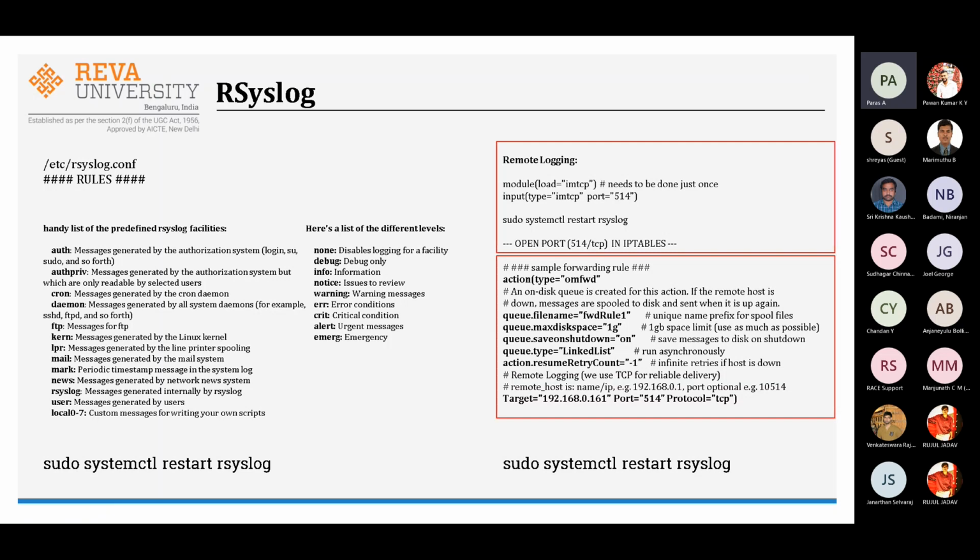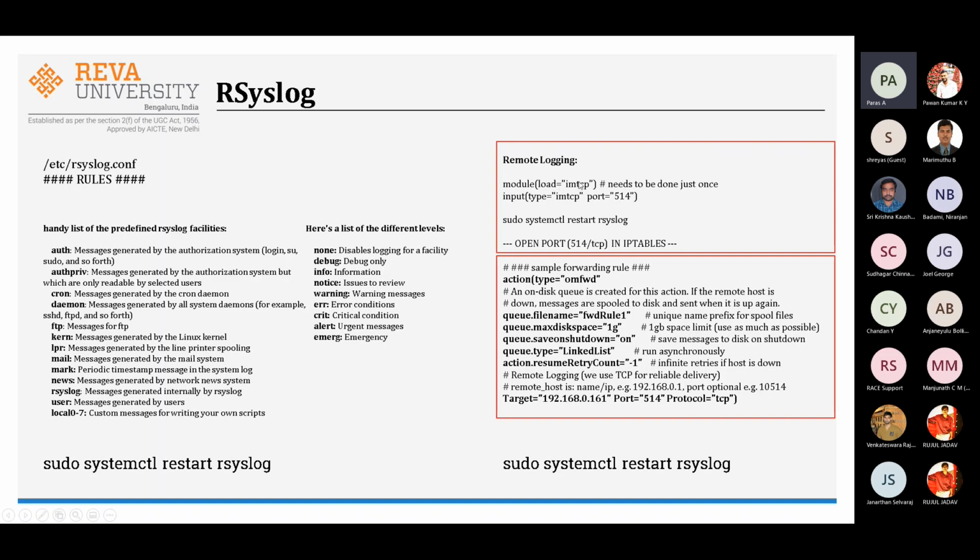The client is the one which is going to send the logs to the server. So these are the two things that we have from a client and from the server standpoint, or the roles basically.